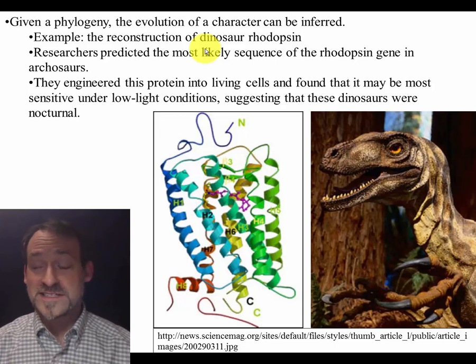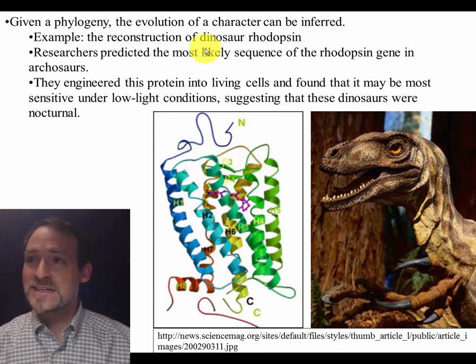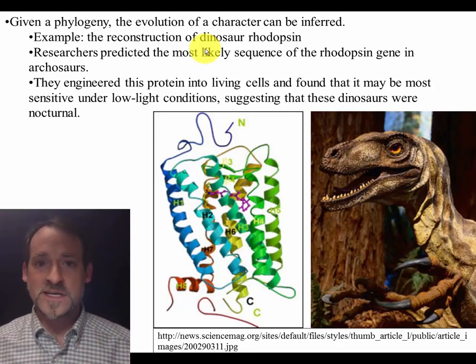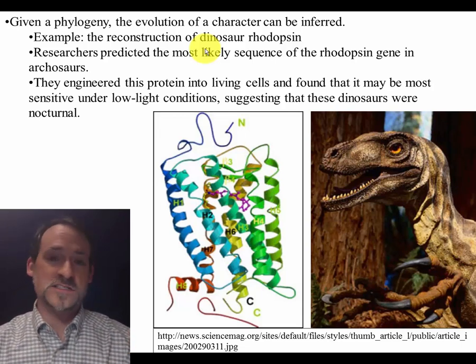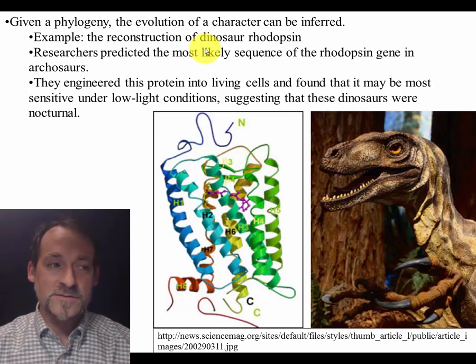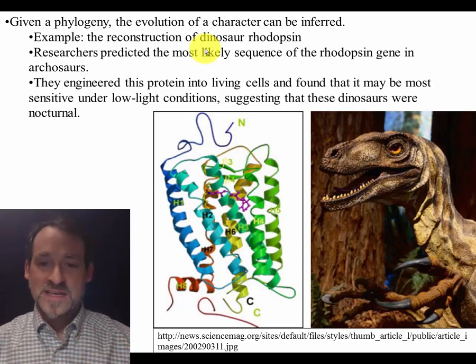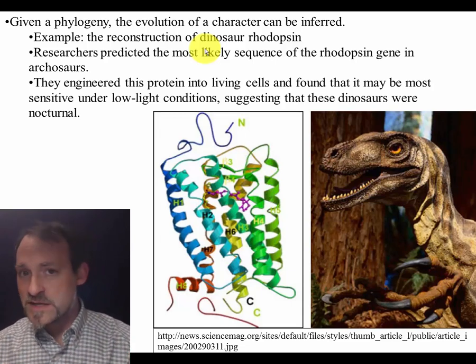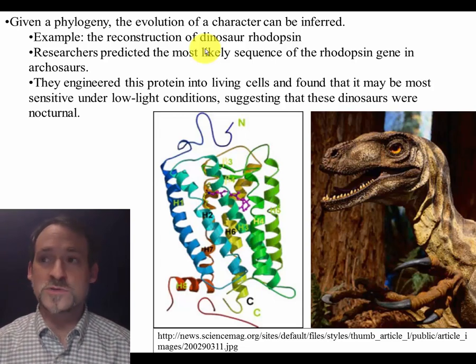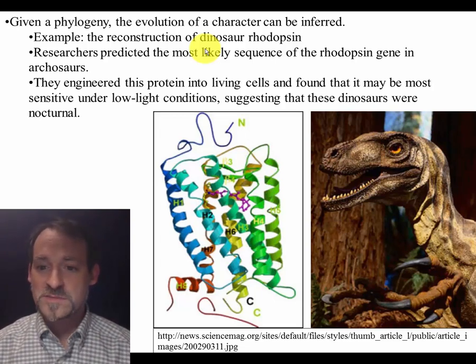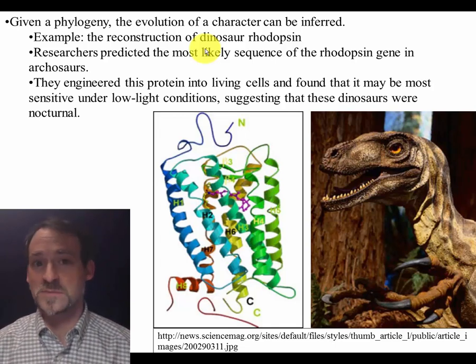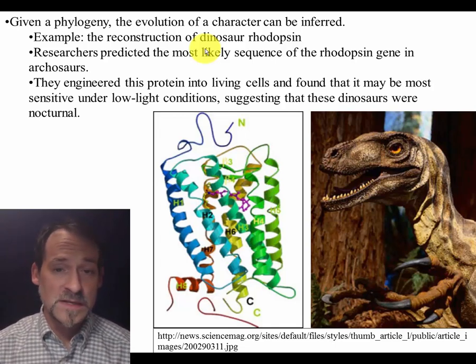Okay, so what scientists basically did is from the information in living day organisms, they reconstructed a gene that has not existed for millions of years. And from the behavior of the protein that's made by that gene, they were able to infer something important about the habit of organisms that have never been seen by any living human.